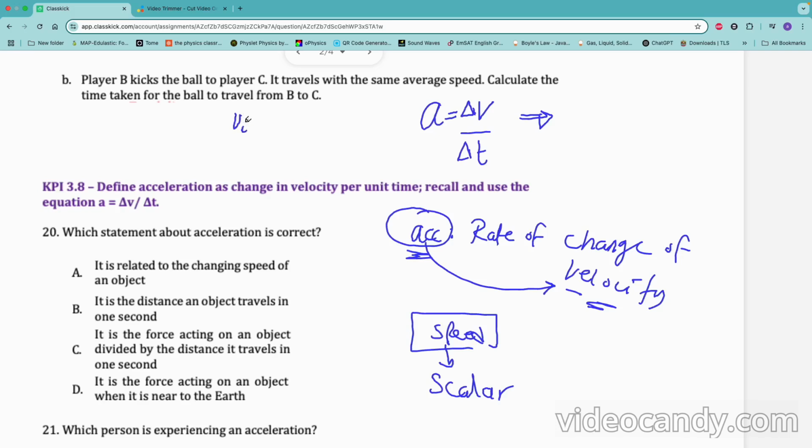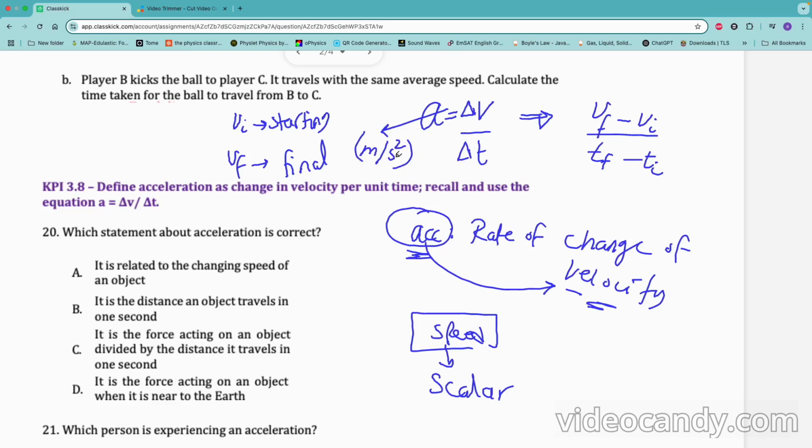VI is initial velocity, which is starting velocity. VF is the final velocity. Just in case of having VF and VI, we are going to use this formula as VF minus VI over TF minus TI. And of course, the measuring unit is meter per second squared.